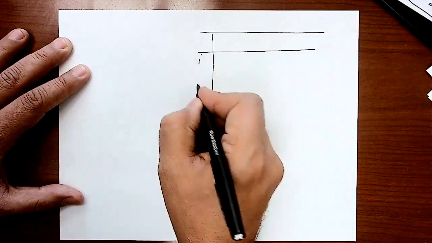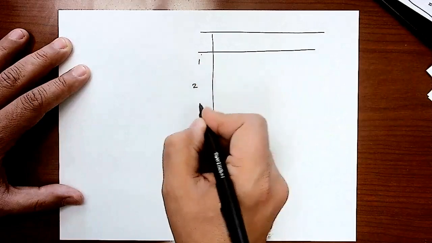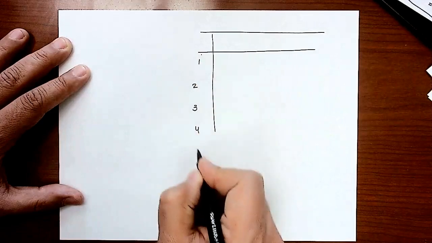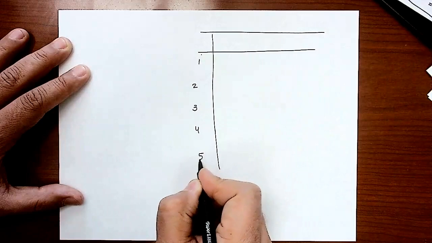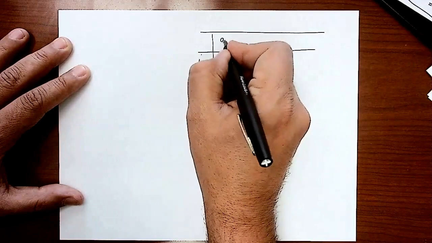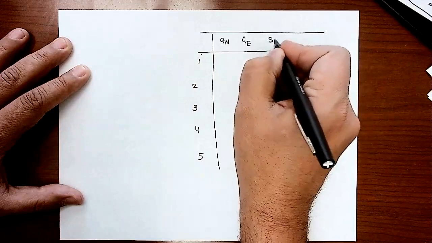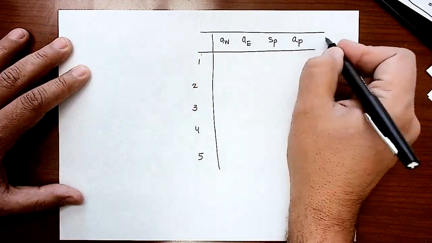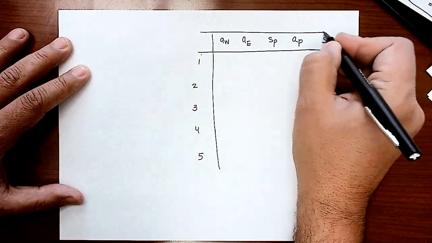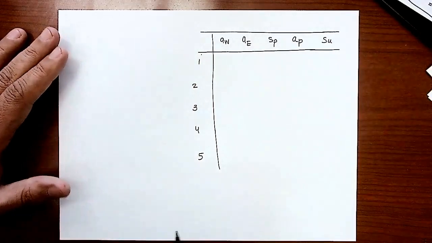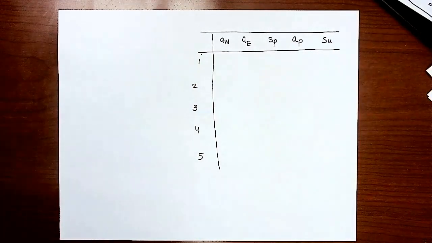That's node 1, node 2, 3, 4, and last is node 5. And I'm going to put that A West, A East, SP, AP, SU. And we have the symbolic and numeric values for each one of them.